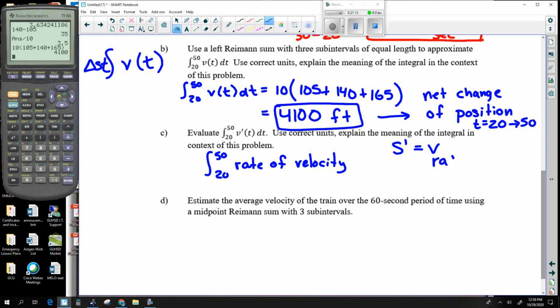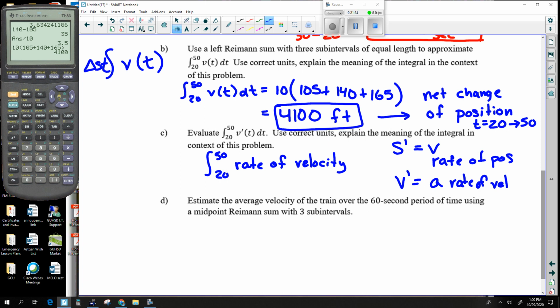And this is a rate of position. So if I take a derivative of velocity, this is a rate of velocity.